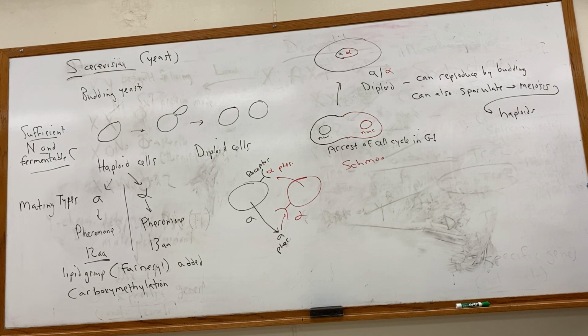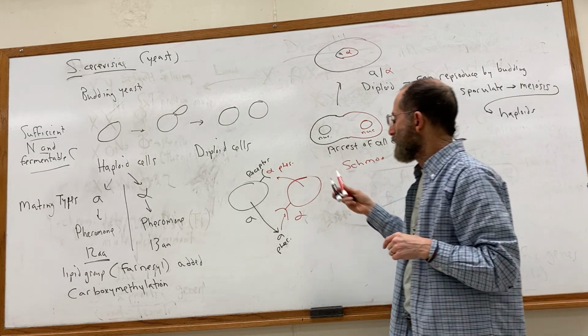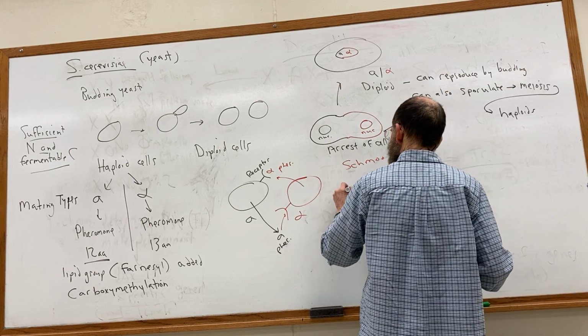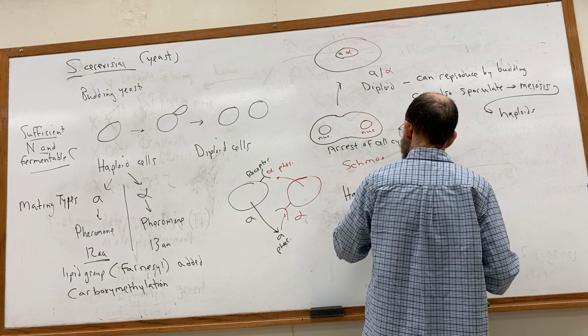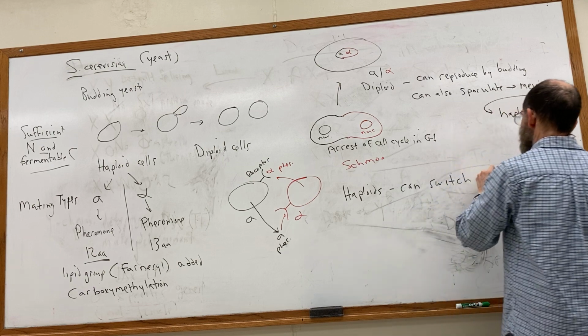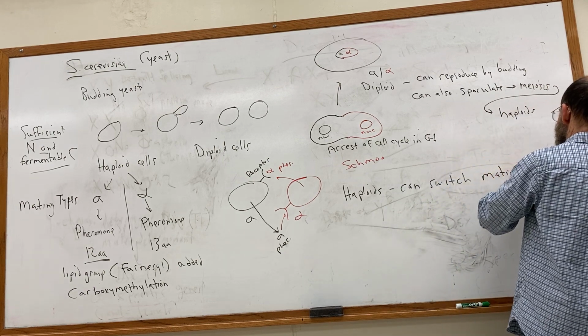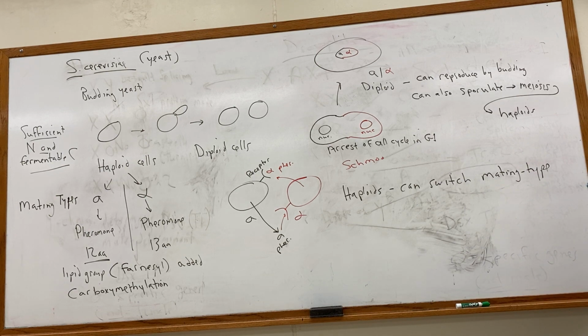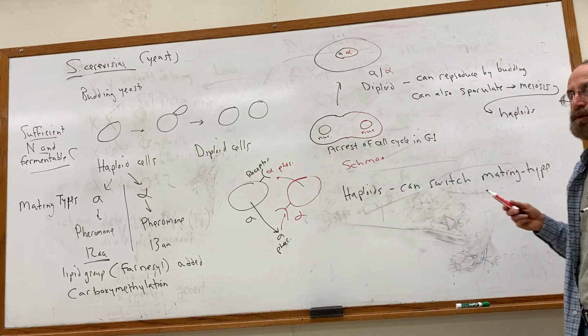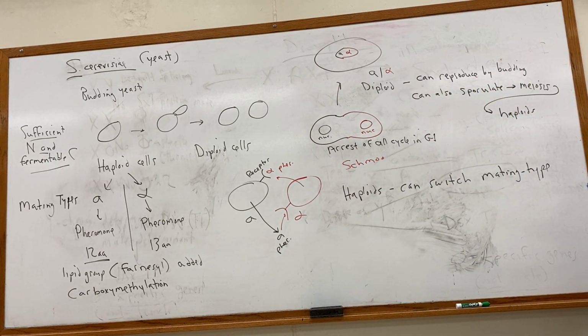All right, now this is where it gets even more interesting, because it turns out that these haploid cells can switch mating type. And it depends on a separate genetic locus than the one that determines whether they're A or alpha. So there's one genetic locus involved in being A or alpha, and then there's a separate genetic locus that determines whether or not they can switch.